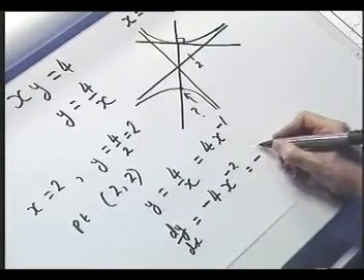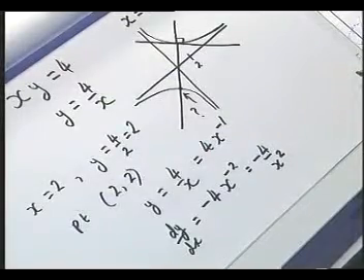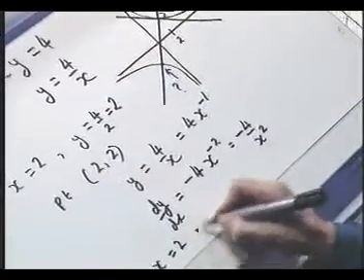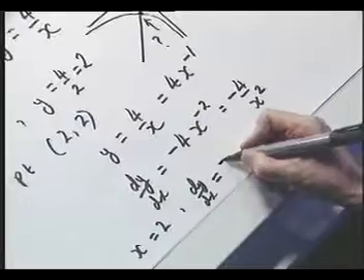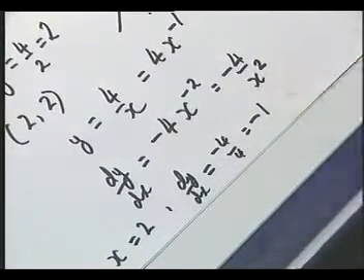So we have minus 4 over x squared. x is equal to 2, and so dy by dx is minus 4 over 4, which is minus 1.